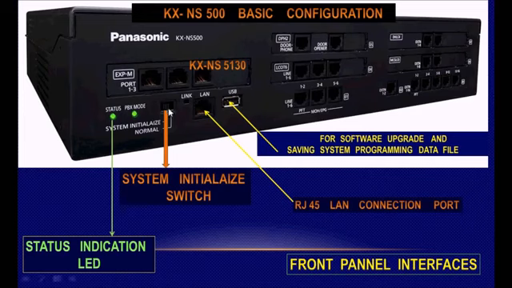Here is the initialize switch, which we use the first time to initialize the system to our region default setting, and of course we can use it again to erase all programming and come back to the initial default setting.